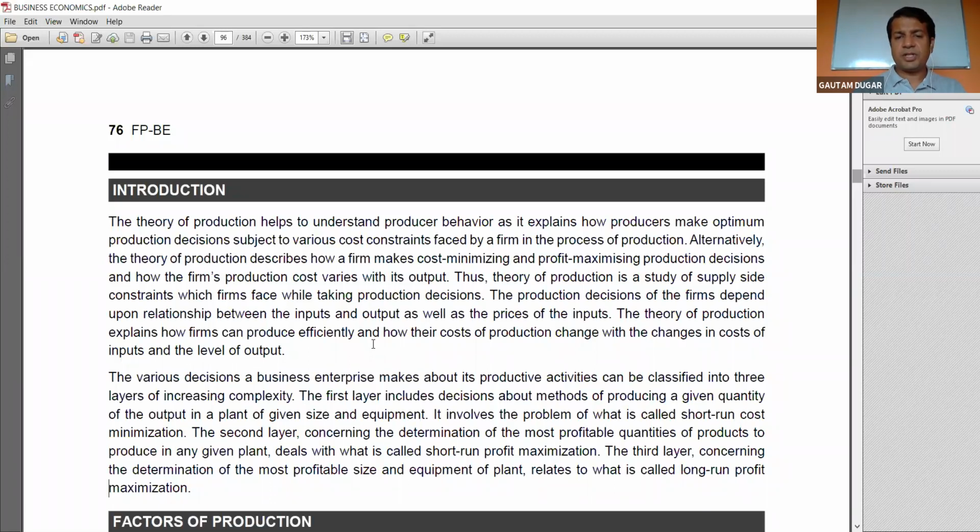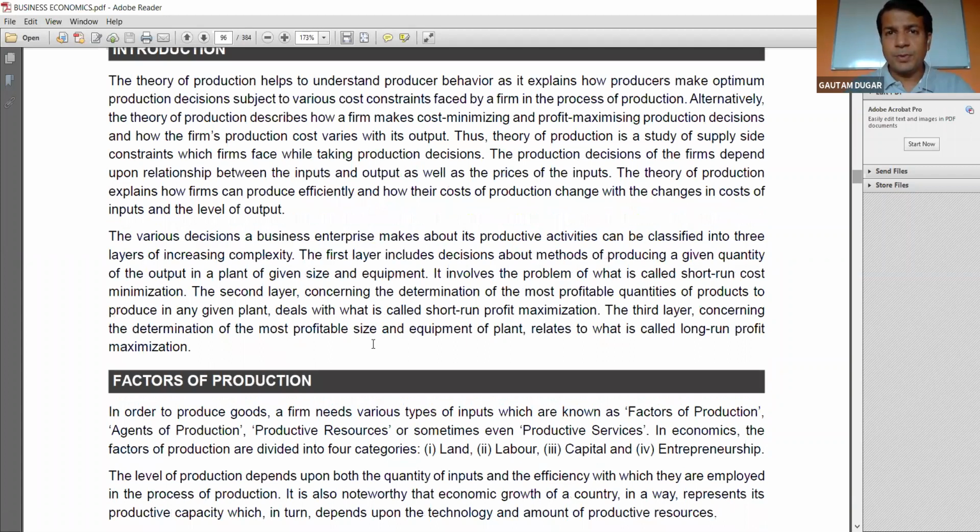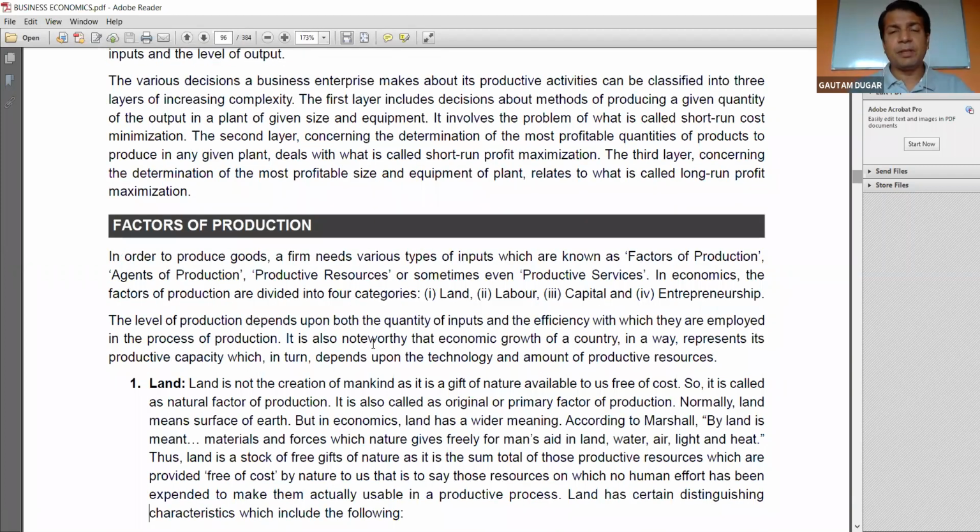So, the factors of production. There are a lot of questions that come up from the portion on factors of production. We know there are 4 factors of production: land, labor, capital, and entrepreneur. Land, as we all know in economics, denotes free gifts of nature. Anything which is a free gift of nature, that is called land.